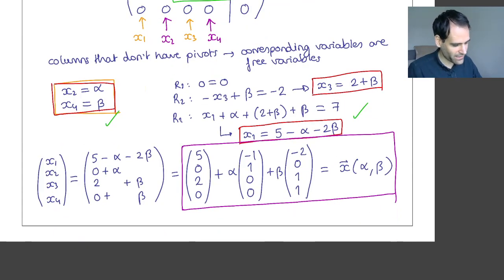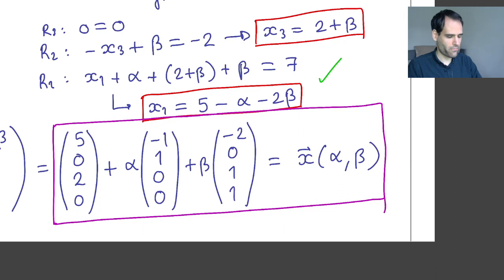And then it's very elegant to write the solution in this format, the parametric equation of a plane. So this is a plane in 4 dimensions. You cannot imagine it visually, but it's very intuitive. The solution to this equation has 2 degrees of freedom, and there are infinite solutions. Any vector in this plane will be a solution to this system.